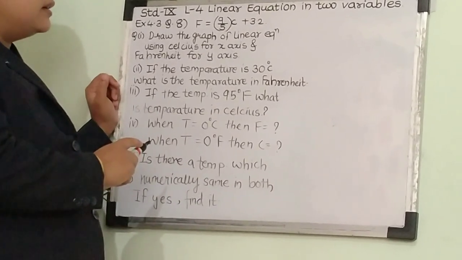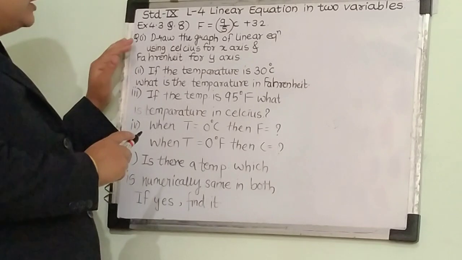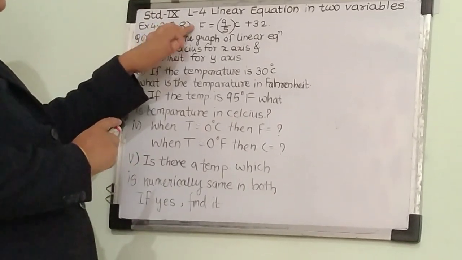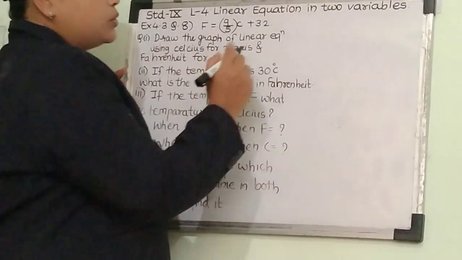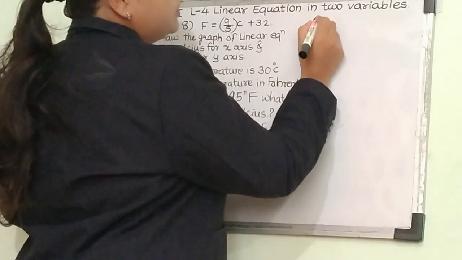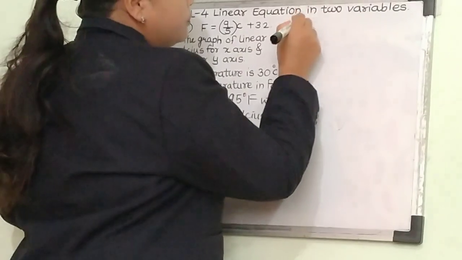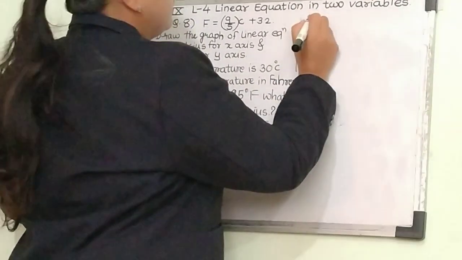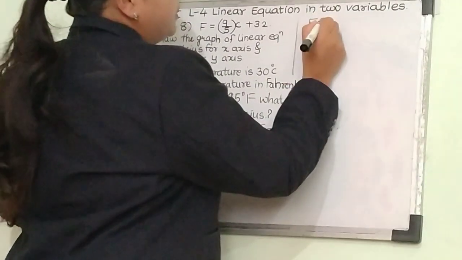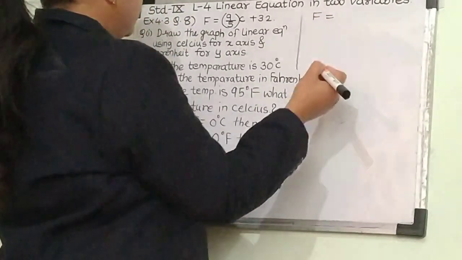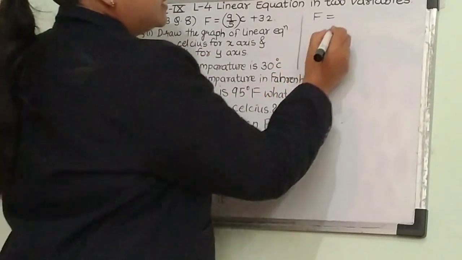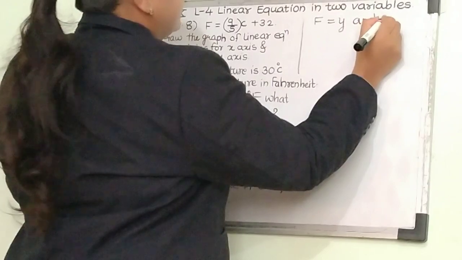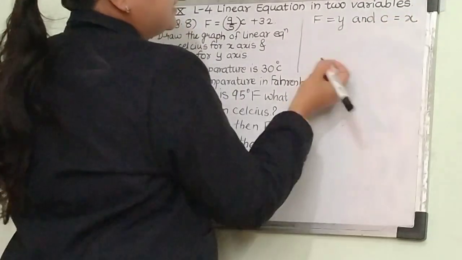So let us start our first question, that is, we have to draw the graph of this given linear equation. So first we consider that F equals y, since Fahrenheit is for the y-axis, and C equals x.